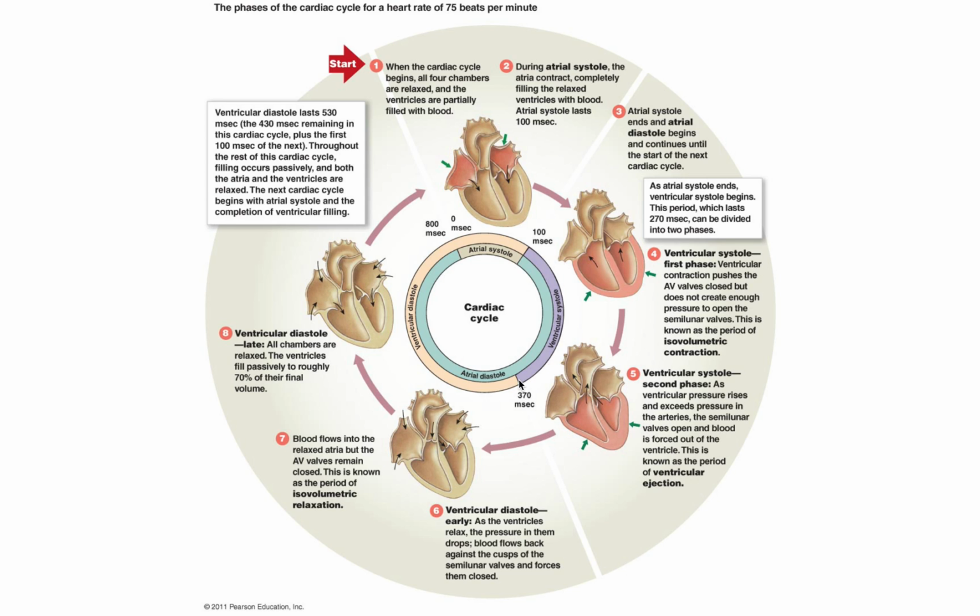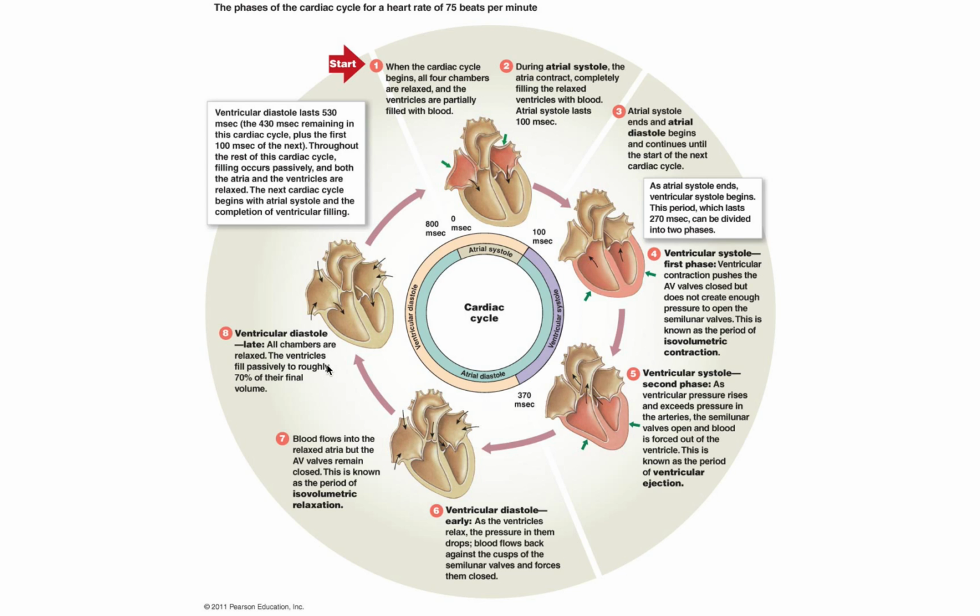And then the ventricles relax. We start ventricular diastole. And as the ventricles relax, the pressure drops and blood flows back against the semilunar valves and closes them. And then we have a period known as isovolumetric relaxation, where all 4 valves are closed and the ventricles relax, and this decreases the pressure.